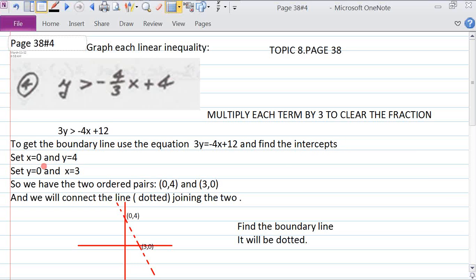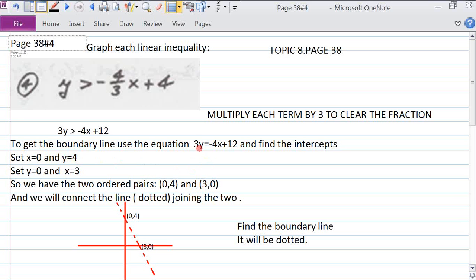So what we're going to do is take this equation right here, and we set x equal to 0. So minus 4 times 0 is 0, 3y equals 12, and y equals 4. So when x is 0, y is 4.